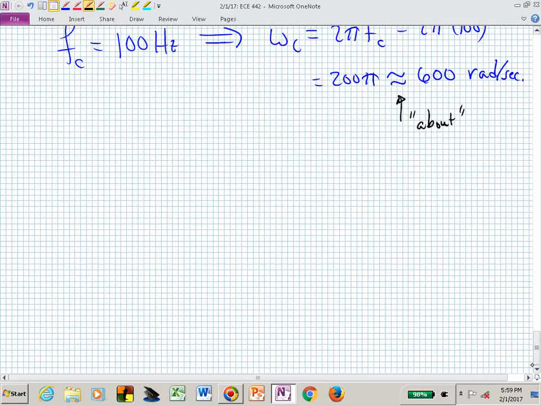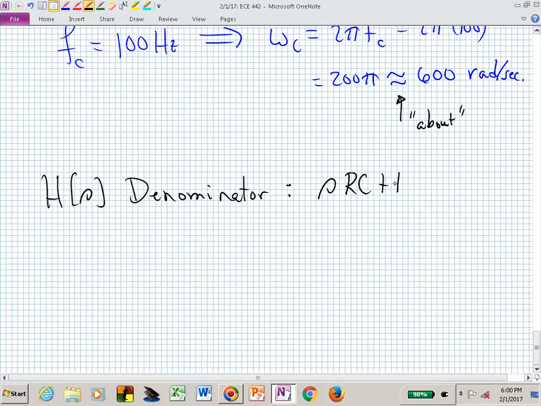We can now use that in the denominator of our transfer function, which was SRC plus 1, or that was this tau S plus 1. That's in time constant form. And we now want to select tau to give us a cutoff frequency of 600 radians per second.